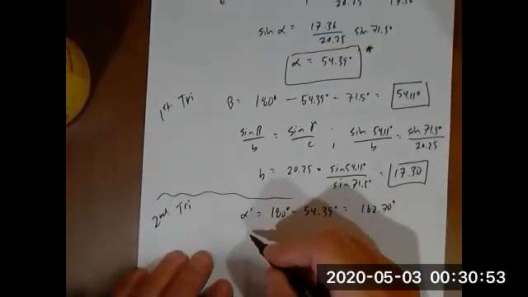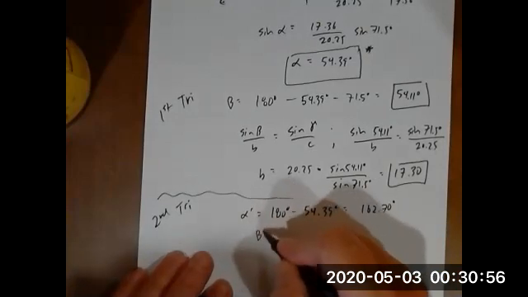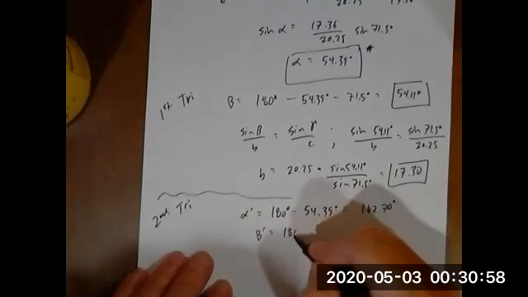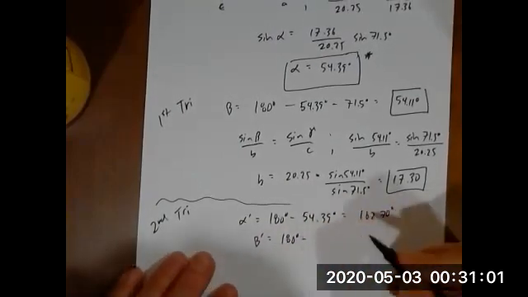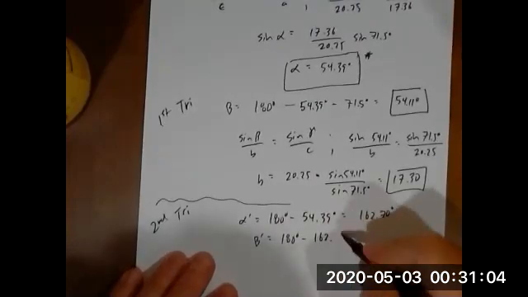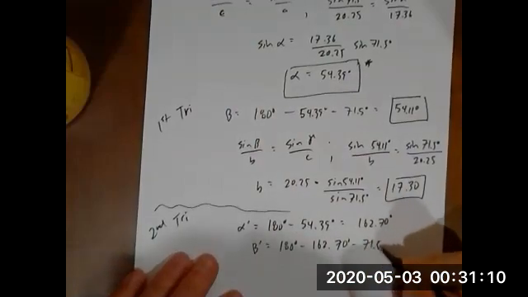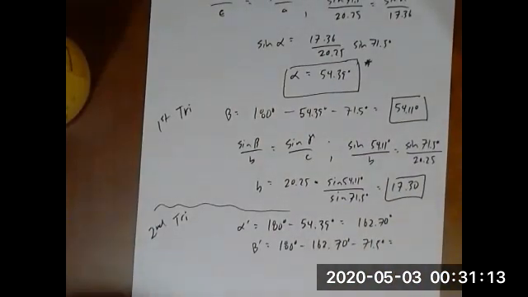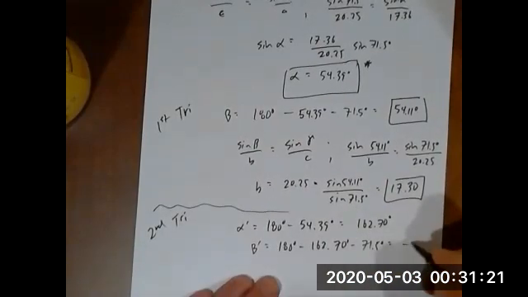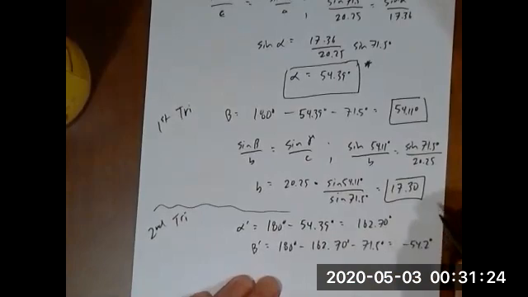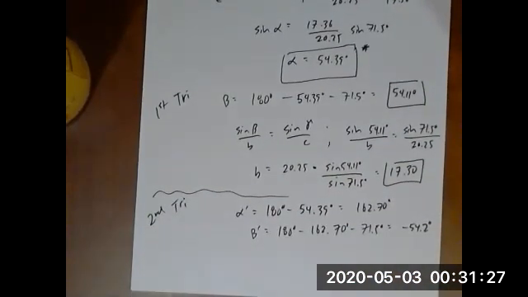Now, based upon this, the new beta would be 180 degrees minus the new alpha minus the original gamma. So let's see what this is, negative 54.2 degrees. All right, so there's a case where it looks like there's only one triangle, because when we check the second triangle, we come up with a negative angle, which is not possible.